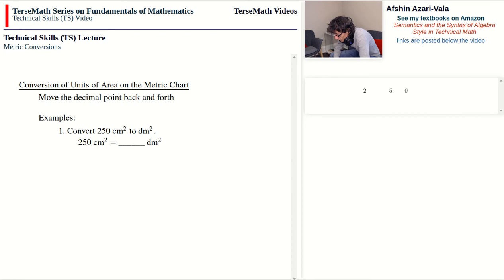We find the location of the decimal point, which is here, and we associate that to the given unit, square centimeter. Now to go to square decimeter, we have to move left on the chart. And for each move on the chart, from square centimeter to square decimeter, decimal point moves back over 2 digits, and we end up with 2.5 square decimeters.